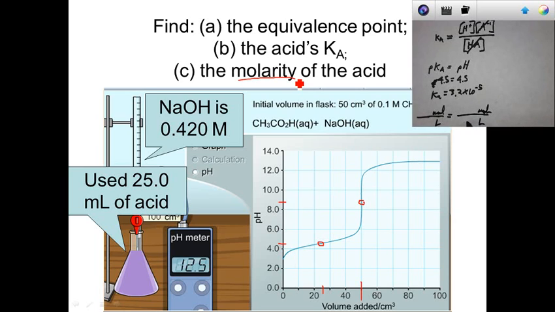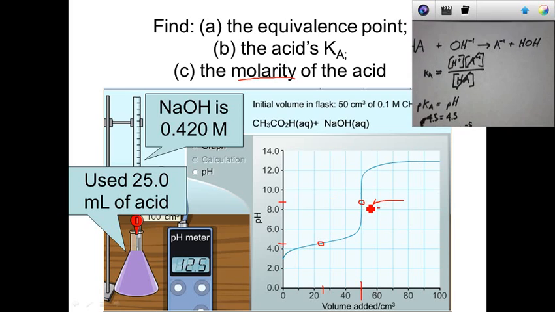The base is 0.420 molarity, times the number of liters of base. How many liters would that be? At the end point, this is the equivalence point, when the moles of hydrogen and hydroxide are the same. So I can assume that is where I have 50 milliliters, and that tells me the volume and molarity of the base.